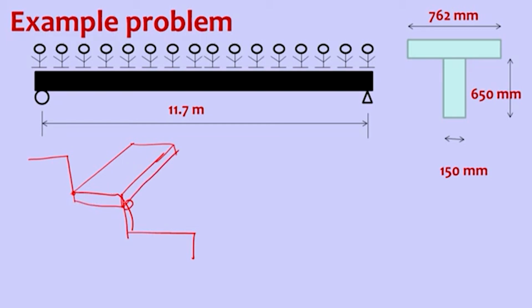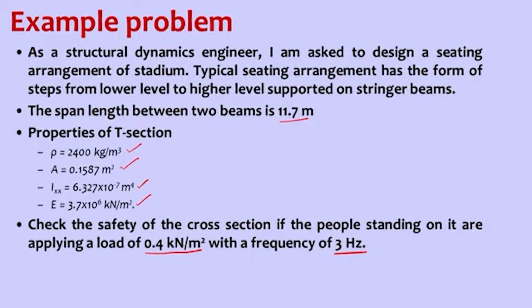This beam is supported here, so that is the beam. If I take the cross section of that, it is a T section, something like this. Now people are standing here and, as I told you, in excitement they are jumping, stamping, clapping, all that. That is generating a harmonic motion of 3 hertz. So now we need to put this into mathematical form.